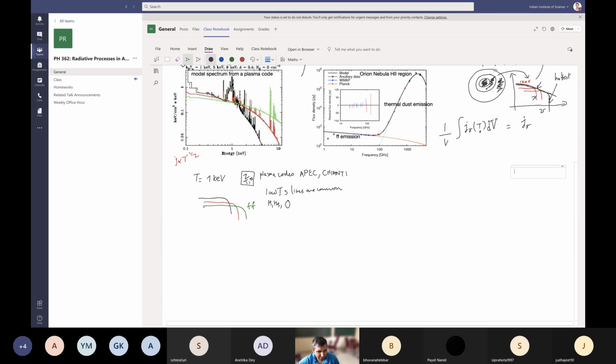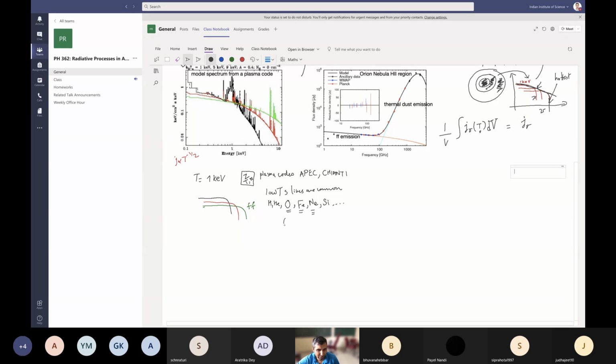Hydrogen and helium, of course, are the most abundant. After that, I don't know the exact order, but let me tell you: oxygen, iron, neon, maybe silicon, and so on.